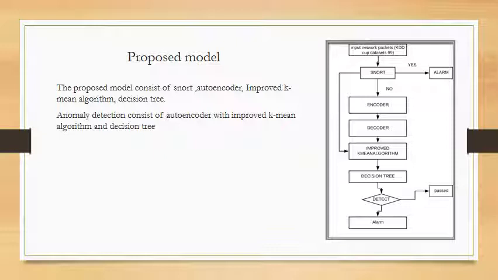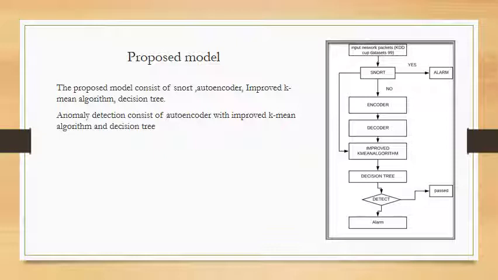We have streamed the data into Snort, and if the Snort database has that attack pattern, it will detect it and send it to the log alert. If not, it will send it to the encoder. The encoder will encode and decode the data, and from the diagram it goes on to improve the K-means algorithm, where we compare the decoded data and the original data for any error.